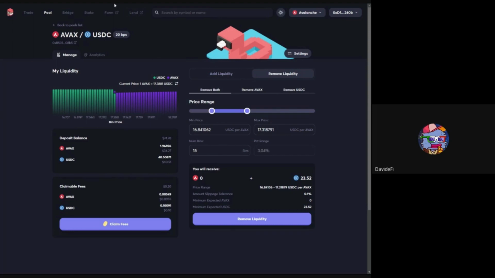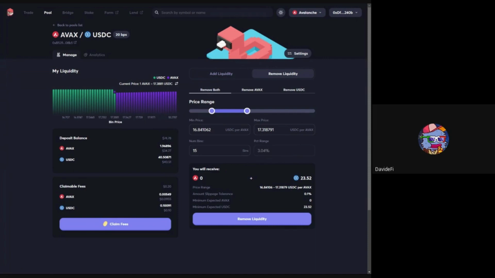What happens is that you are exposing yourself to the movement and the direction in proportion to your deployment and the active bin. So let's assume that we deploy this position and move all the way up to 18.27. We have all USDC in that case, because all the AVAX we deployed has been swapped within the bins into USDC.